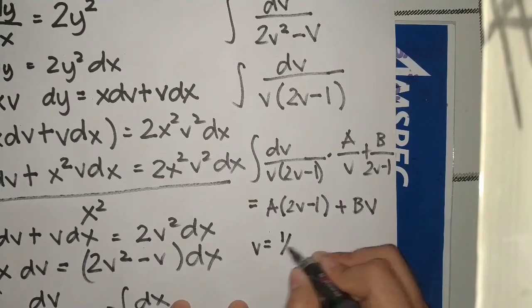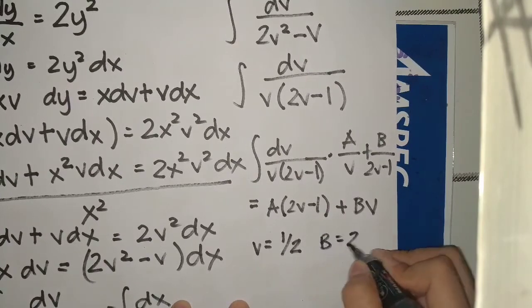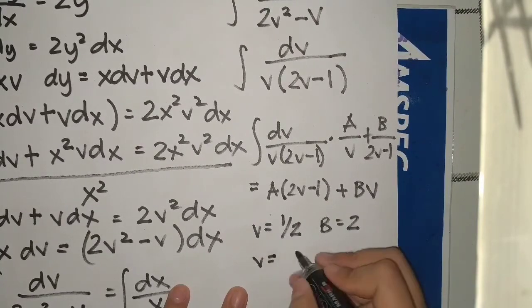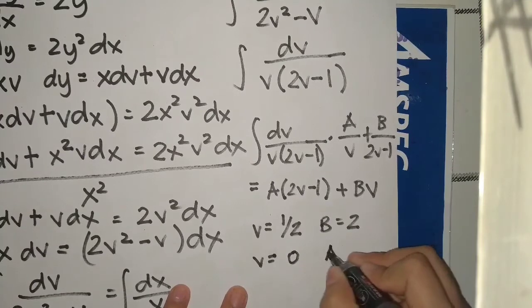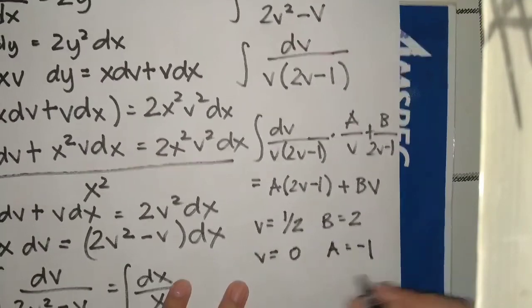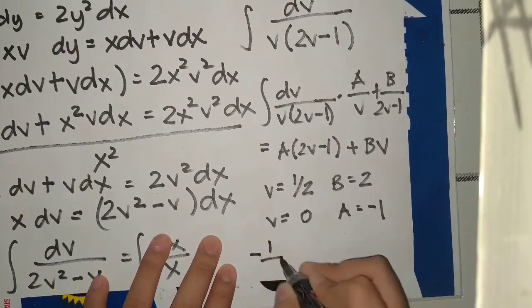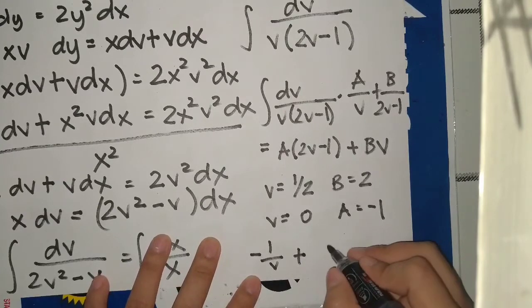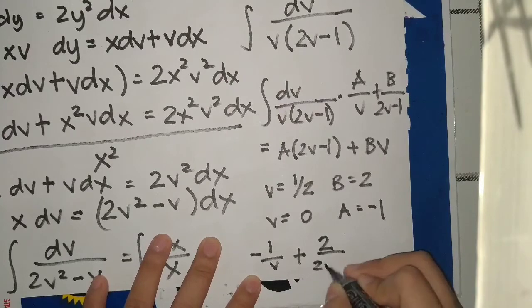So when v is equal to 1/2, B will be equal to 2. And if v is equal to 0, A is equal to -1. So our B and A, we have to substitute in the A and B constants at the top.